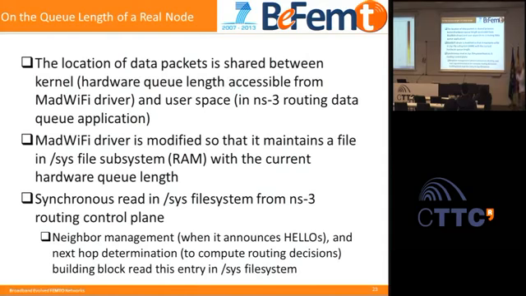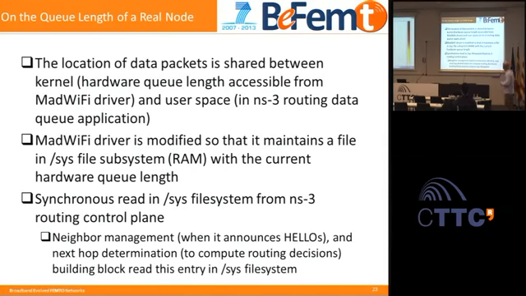Basically, another issue that we have to deal with when we implement the routing protocol on the testbed was the fact that we have two queues. One located on the hardware and one located on the application. How do we deal with that? We need the total queue length of the node in order to take routing decisions.